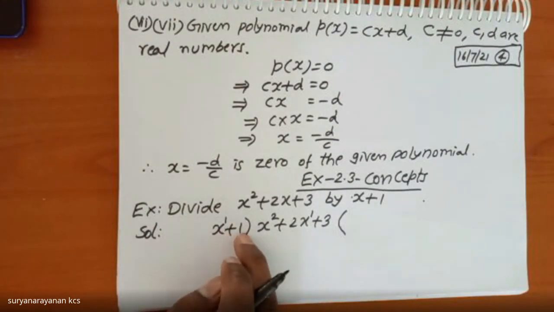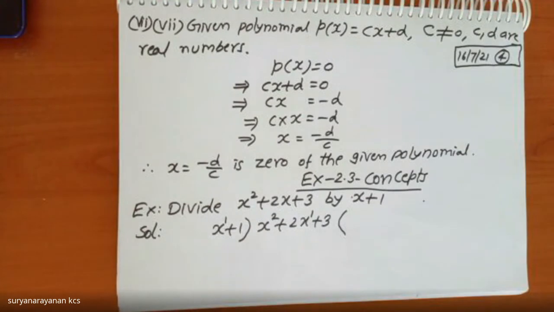Here this is a constant term, so its degree is 0. So we arranged the terms of the polynomial in the descending powers of x. The first step is we have to write any polynomial in this order. Okay, please remember this point.